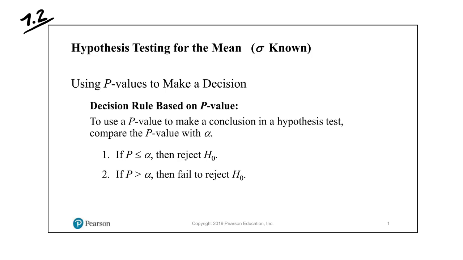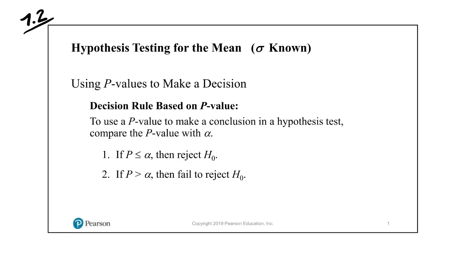So last section, we looked at hypothesis testing in general, what it means and how to set up and do a hypothesis test, all the way from figuring out what type of test you're doing to making some interpretation of what you've decided based on the information. So here we're going to do a little more of the nitty-gritty details that we left out in terms of figuring out how to find that p-value to make your decision and carry out the test.